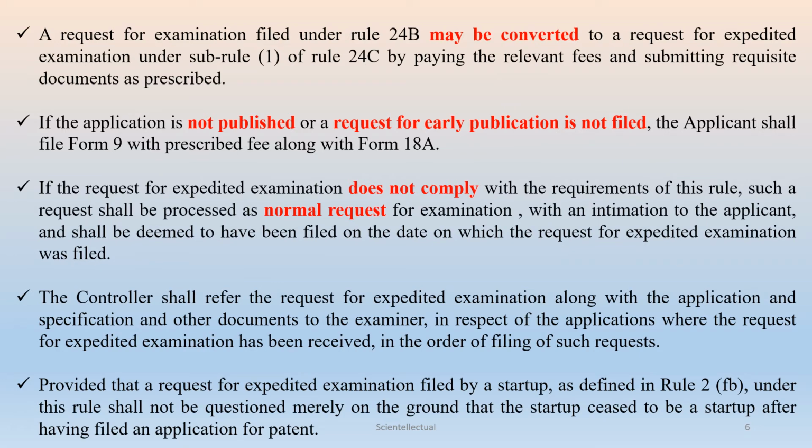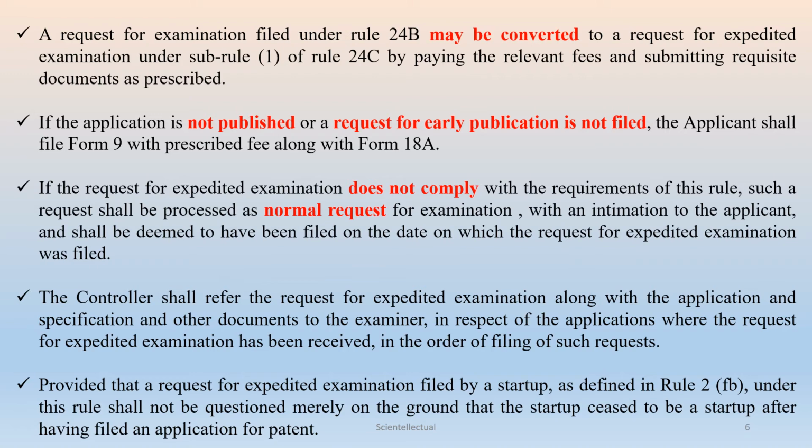Request for examination that is filed under Rule 24B, that is normal request for examination through Form 18, can be converted to request for expedited examination under Rule 24C by paying the relevant fee.